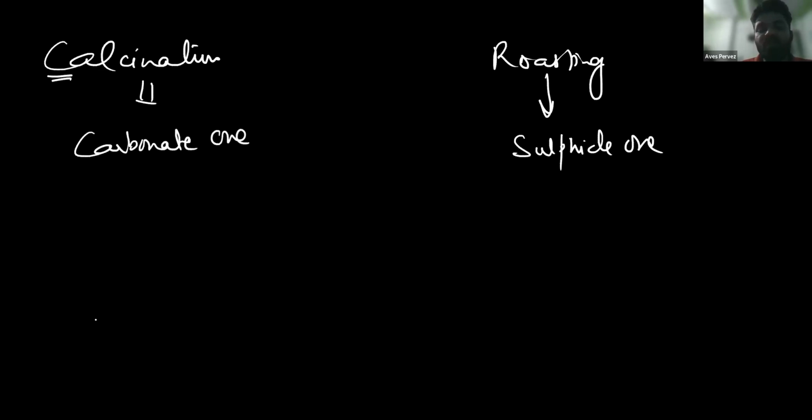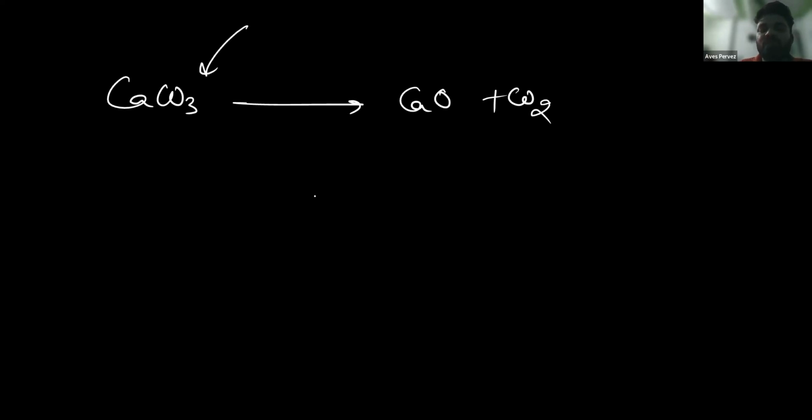And what does it do in the carbonate ore? What is the formula of the carbonate group? CO3. So if we have calcium carbonate and need to convert it into calcium oxide plus CO2, it is already balanced.